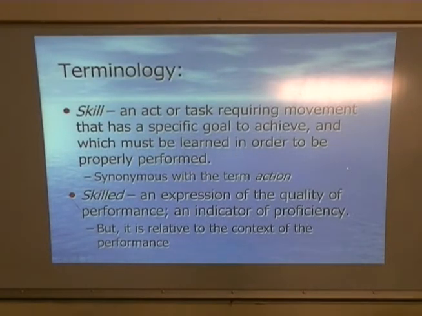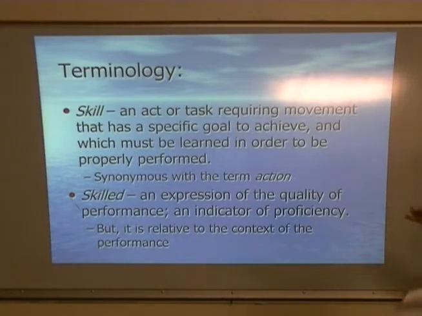So just to make sure we've got our terminology correct for this, as we've found quite a lot with motor development, sometimes terms are used differently in everyday language to how we use them in the research world. So skill is the actual task that we're asking someone to perform, right?